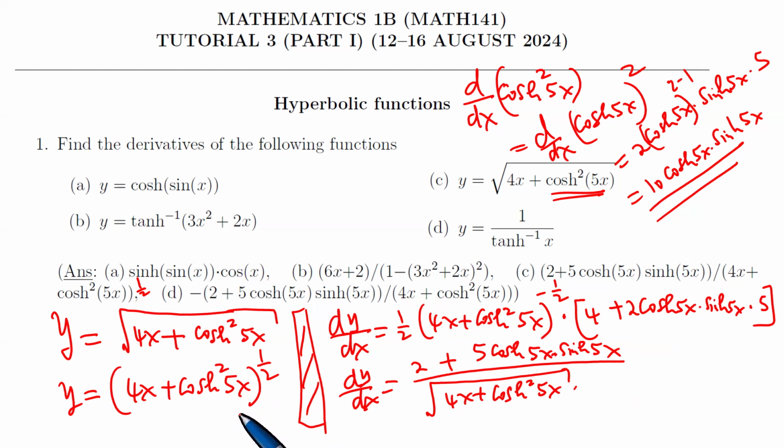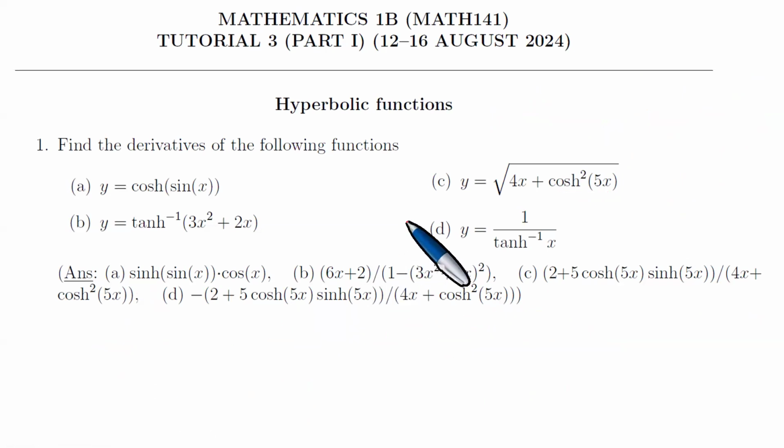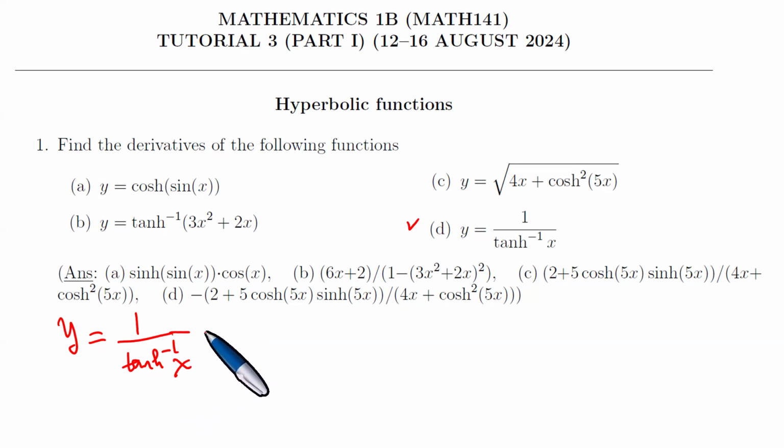Now, we continue to tackle the next question, D. Part D is as follows. y is 1 over arctangent of x.